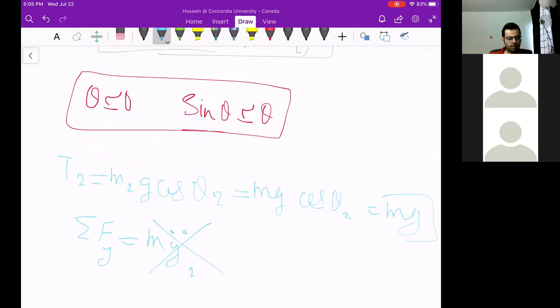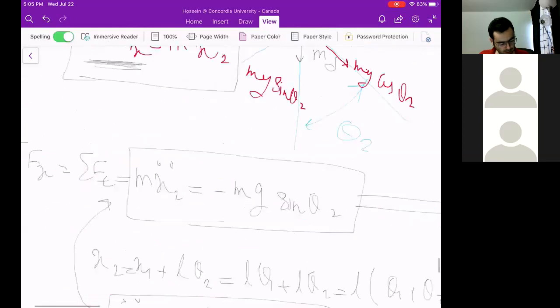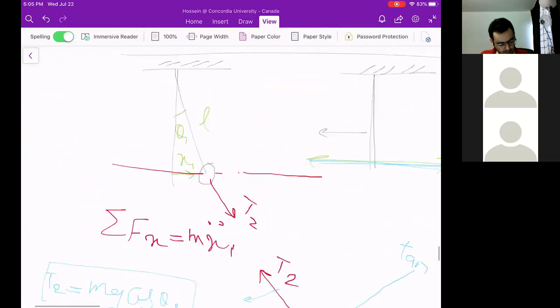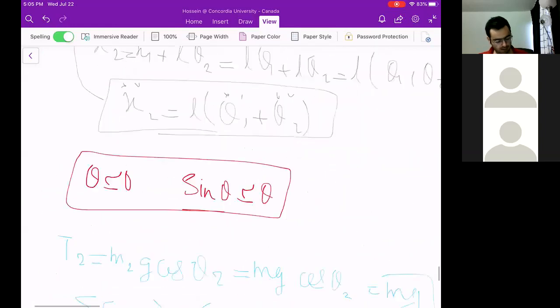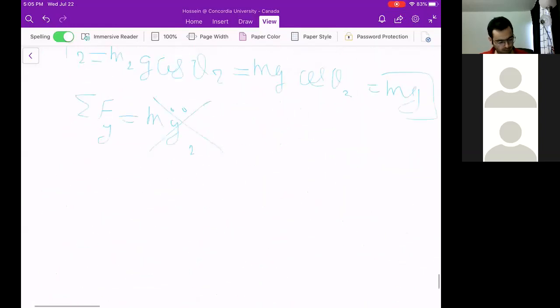T2 is m2 g cosine theta 2, and we obtain T2 as mg. Then you could go for the first mass, which we draw here. You have T2, and then you could similarly write the equation of motion for the linear motion.